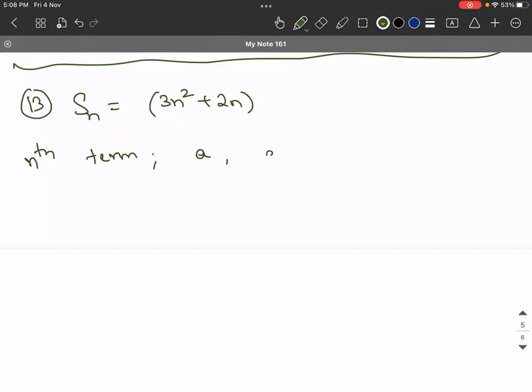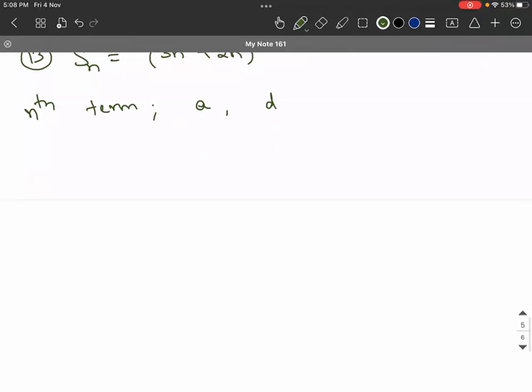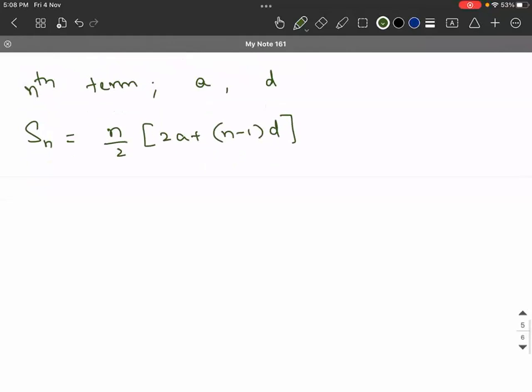Find the first term and common difference. See, again, what is the formula for the sum of n terms? n by 2 into 2a plus n minus 1 into d. So this n by 2 I'll multiply with every term inside. So can I write this as an plus n square d by 2 minus nd by 2?